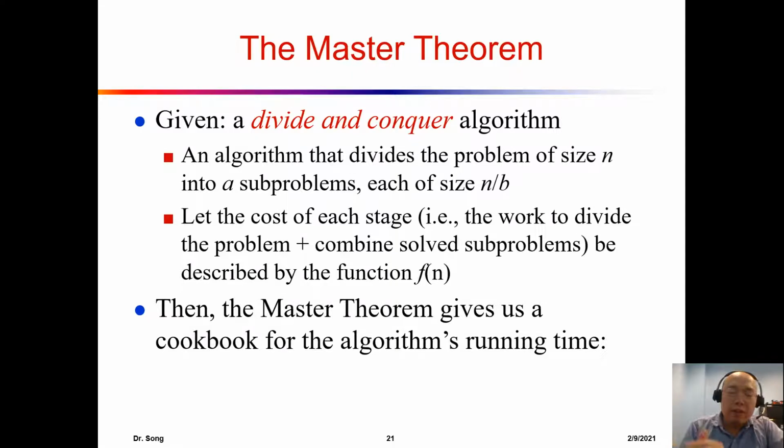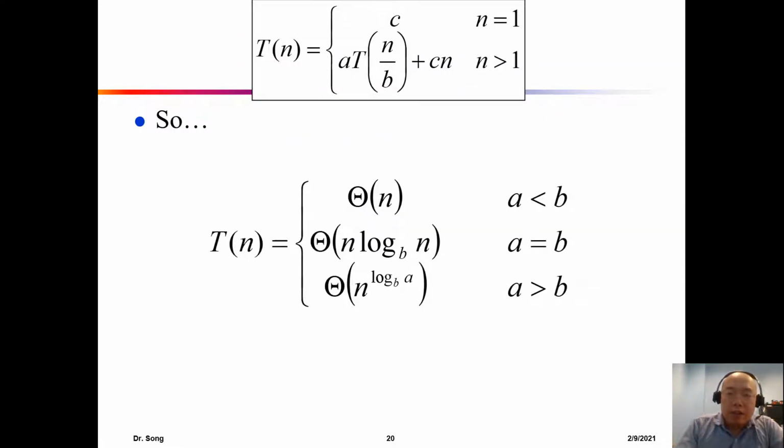Of course, we have the a and b, and a and b are good. However, for this part, c(n), the aftermath cost of the divide and conquer, we have to take it as any function. It could be log n, it could be constant, it could be n squared, or anything, right?